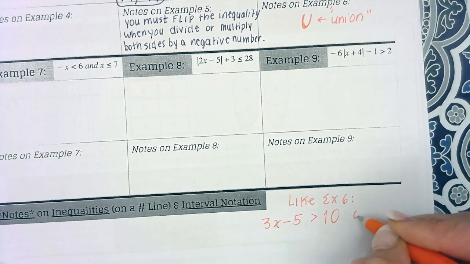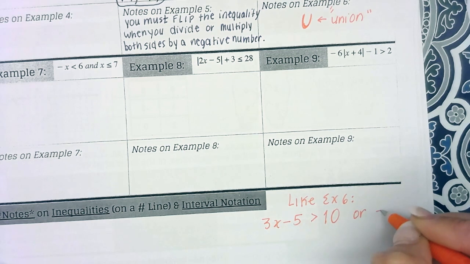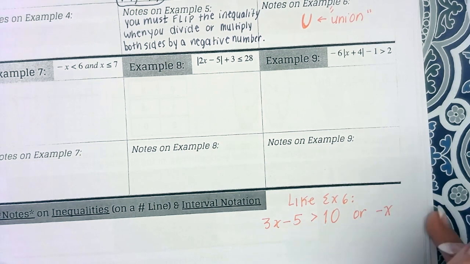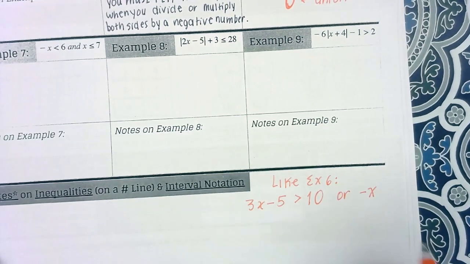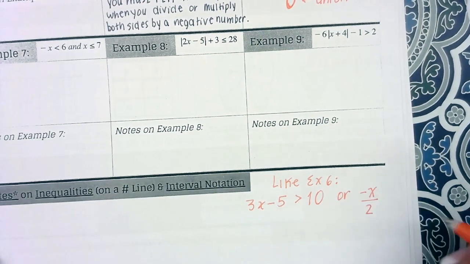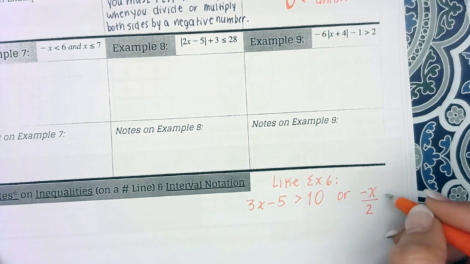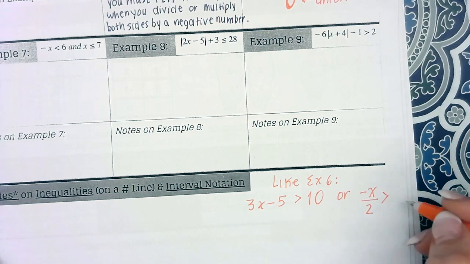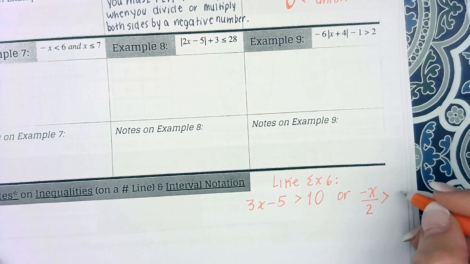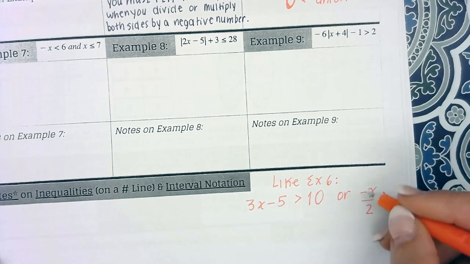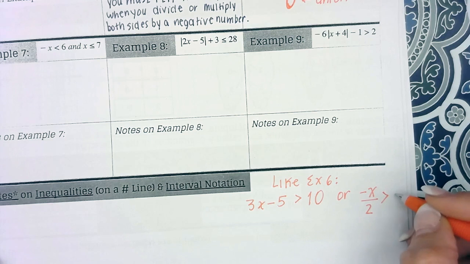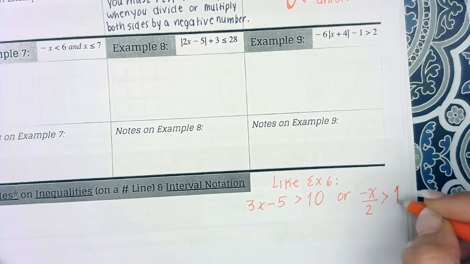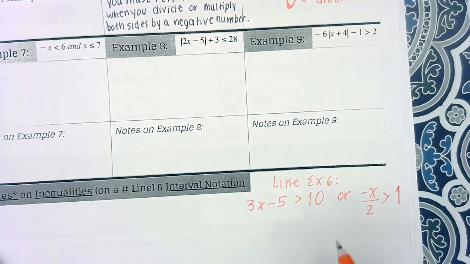So, or negative x over 2 is greater than, let's do 1. I'm not going to go too crazy. Make it a 1. Okay, so this is like example 6.